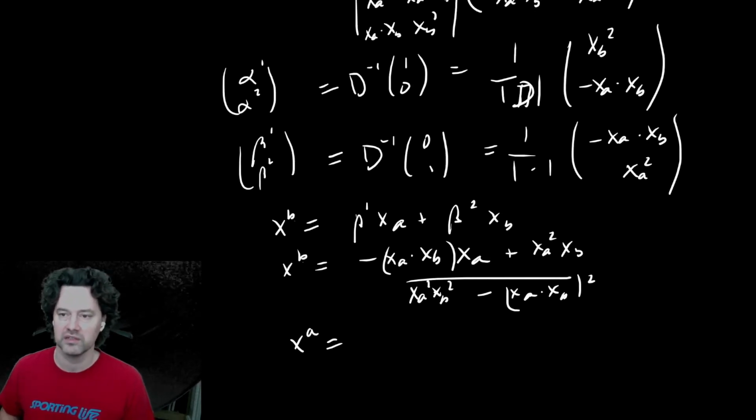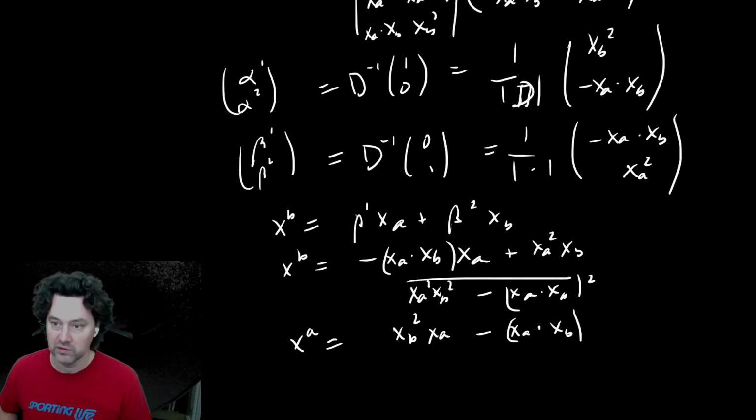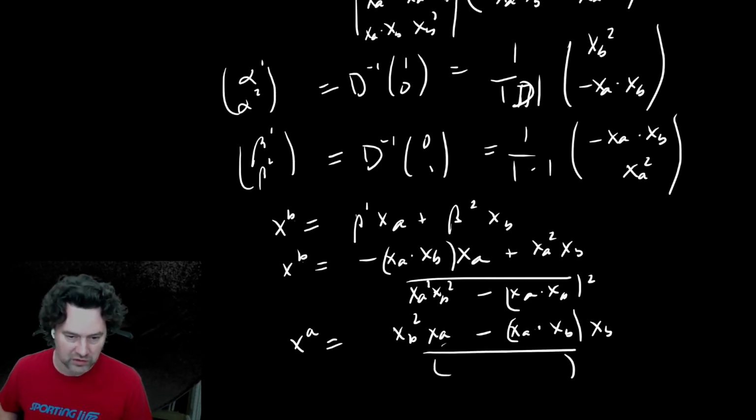Our xa has xb squared xa minus xa dot xb over that same determinant.